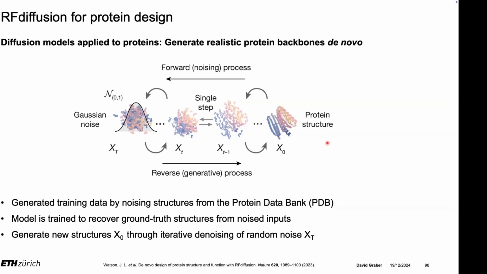So you can think of, it's really similar to what we've seen before. You generate training data by noising structures of the Protein Data Bank. So you take protein structures and add noise until you reach this distribution. And then the model is trained to recover the ground truth structures of these noised inputs. And again, you can generate then new structures through iterative denoising of sampled random noise.